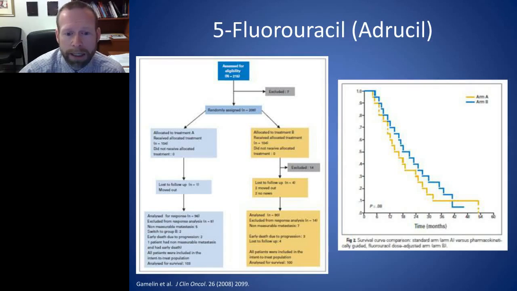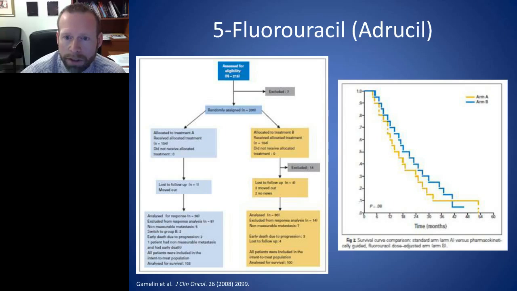Jumping forward a significant amount from that previous 1998 study to a 2008 study by the same group. This study was published in the Journal of Clinical Oncology, and this was a randomized controlled trial incorporating pharmacokinetically guided therapy as well as the standard dosing regimen, and this was with the FOLFOX regimen, I believe.